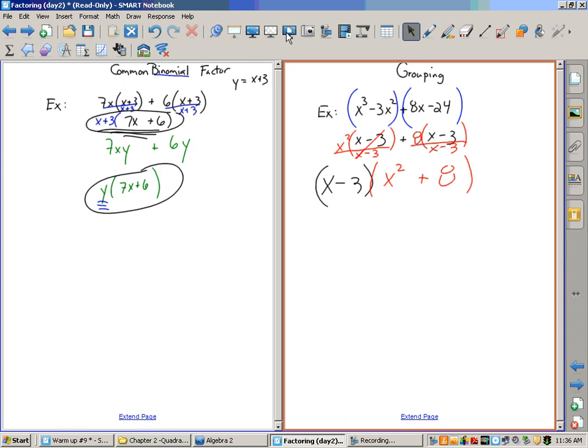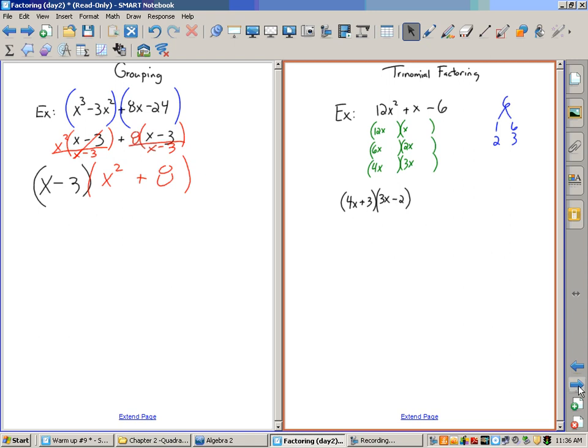Real doesn't mean pretend. It's a real number. An imaginary number, imaginary means not real.